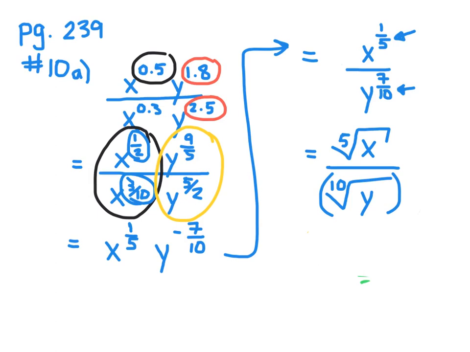Now the 7 can either go right there, or you could write the 7 inside like this. It all depends on the question, but I prefer to write it like this. So this would be my final answer.